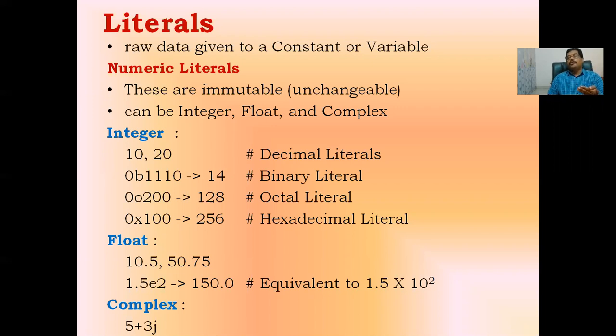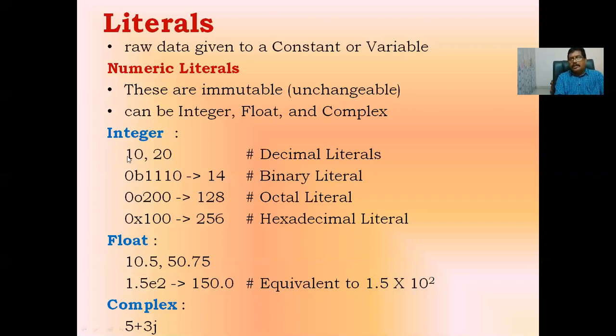These are all immutable. Immutable means unchangeable. Whatever value we have given is unchangeable. In numeric literals, we have three types: integer literal, float literal, and complex literal.